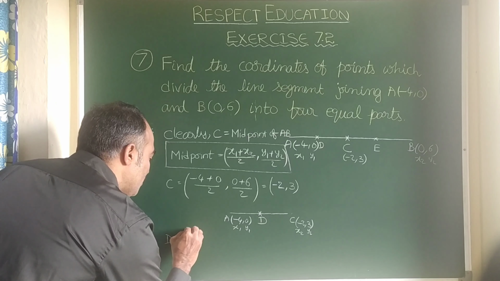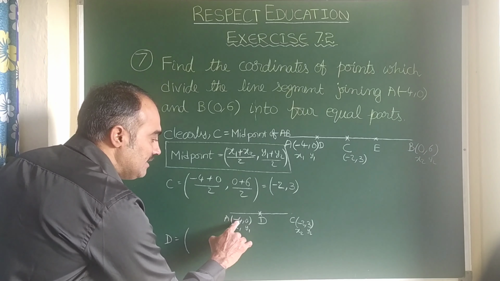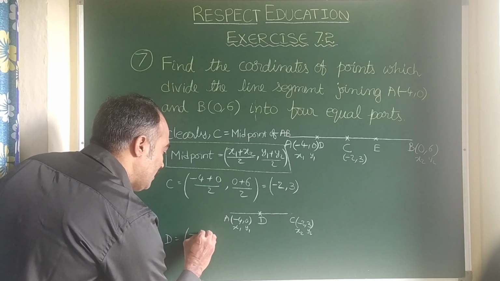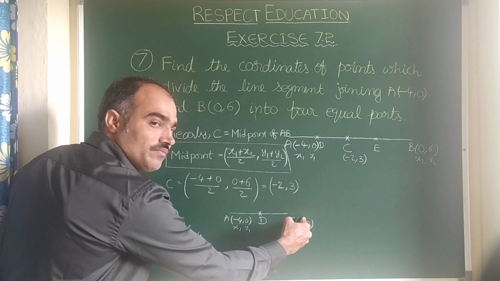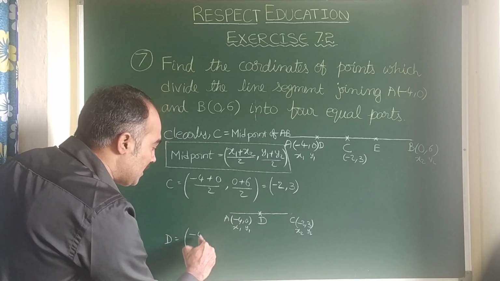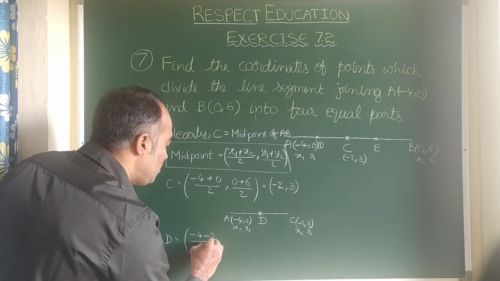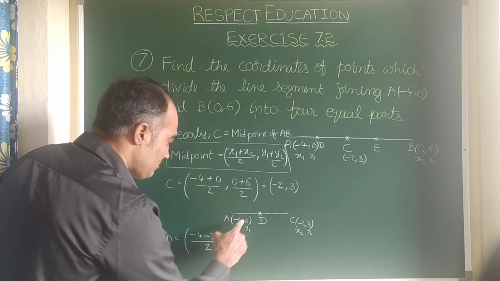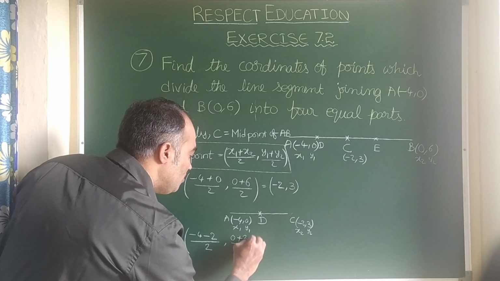D is equal to (x1 plus x2) by 2. Here x1 is -4 and x2 is -2, so -4 plus -2, plus into minus is minus. So I am writing directly -2 by 2, comma, y1 is 0 plus y2 is 3, by 2.